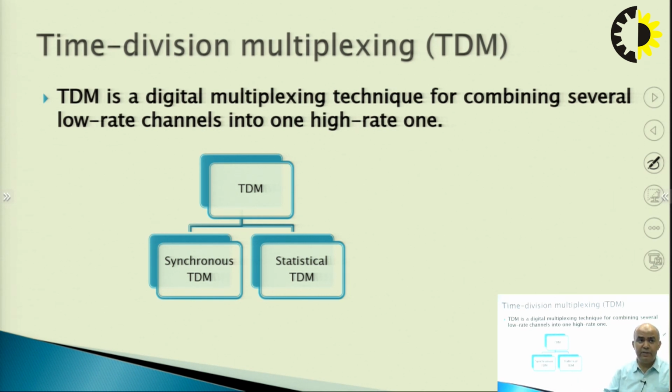The problem that I discussed is synchronous TDM, and to overcome it, we have statistical TDM, or you can say asynchronous TDM. So synchronous time division multiplexing and asynchronous time division multiplexing, where asynchronous can also be called statistical TDM.